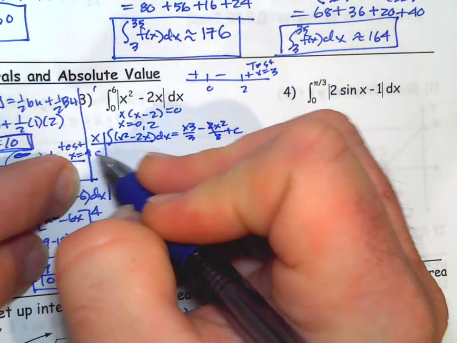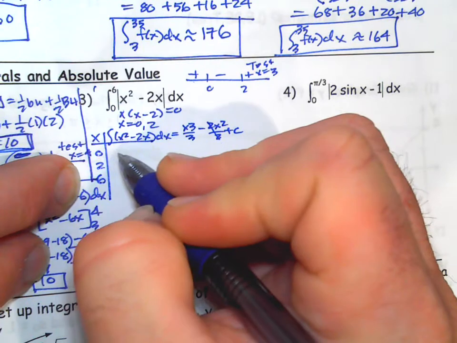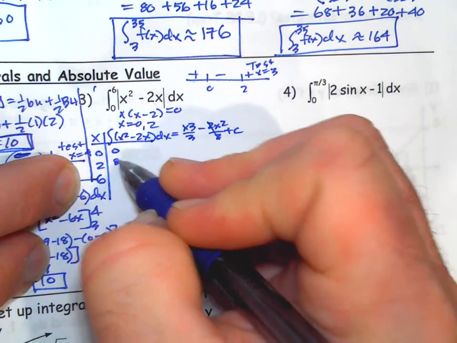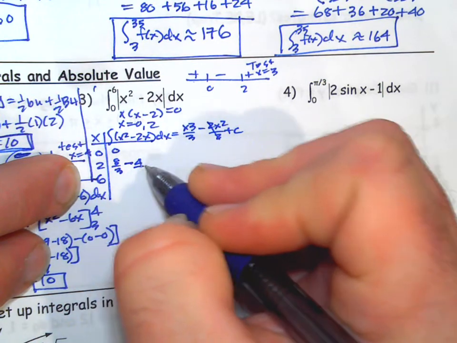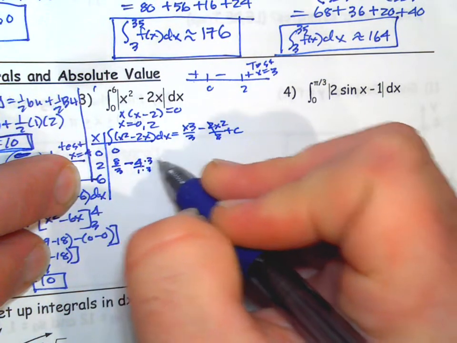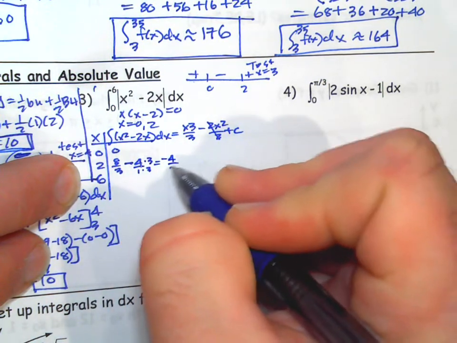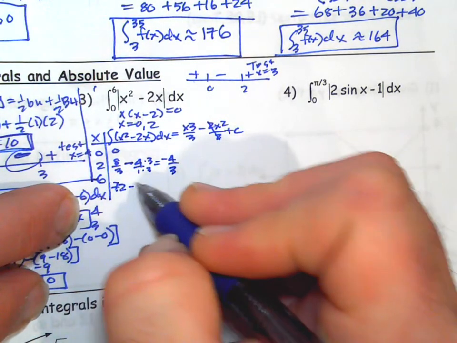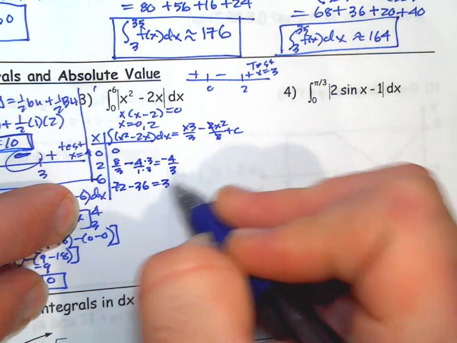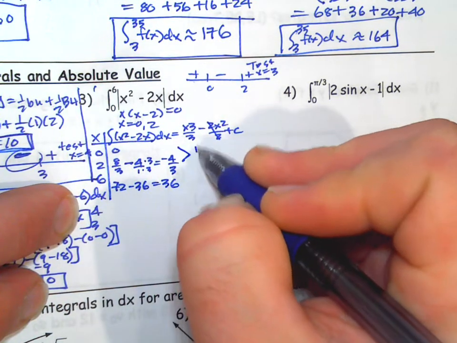I'm going to plug in 0, 2, and 6. You plug 0 in, you get 0. You plug 2 in, you get 8 thirds minus 4, which least common denominator would give you negative 4 thirds. Plug 6 in, 72 minus 36 is 36. So the distance here is positive 4 thirds.